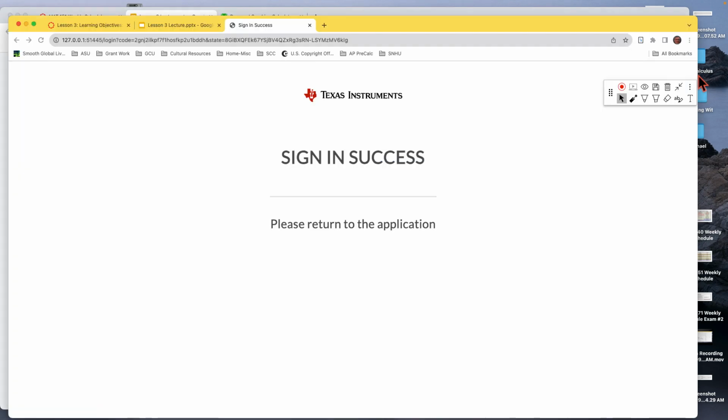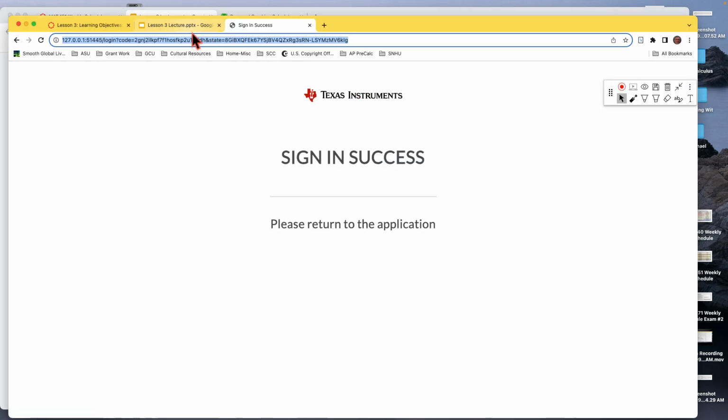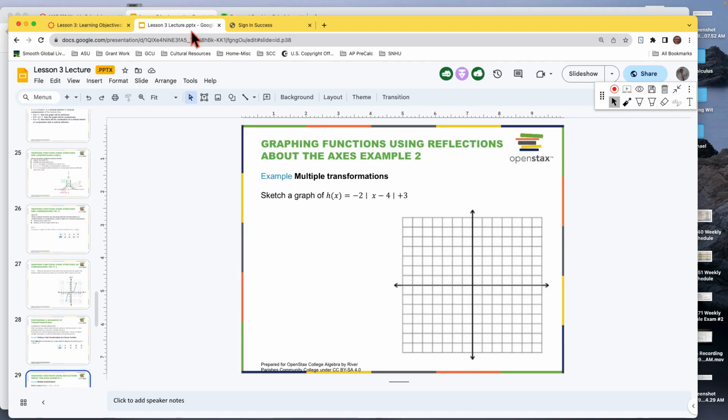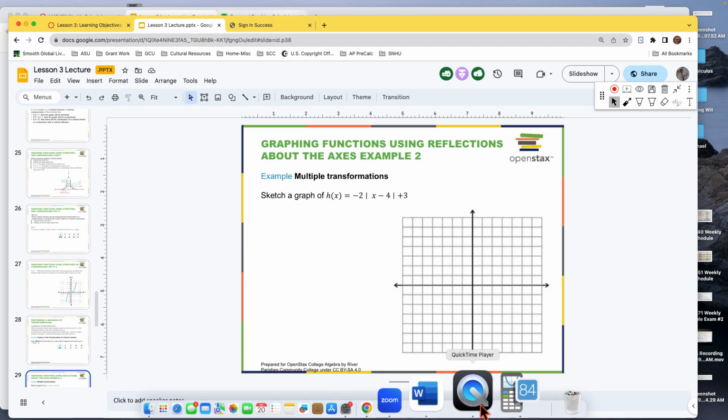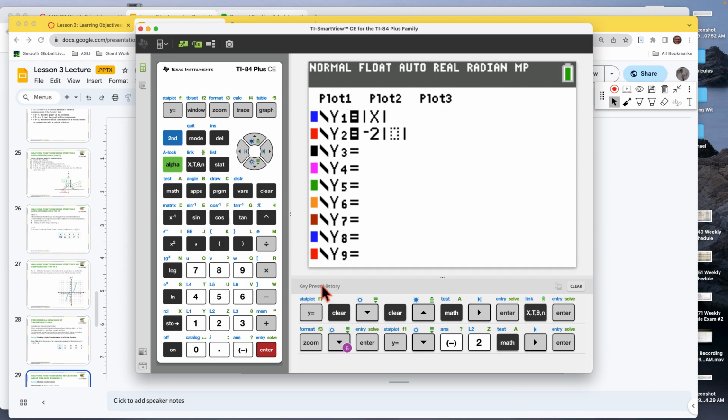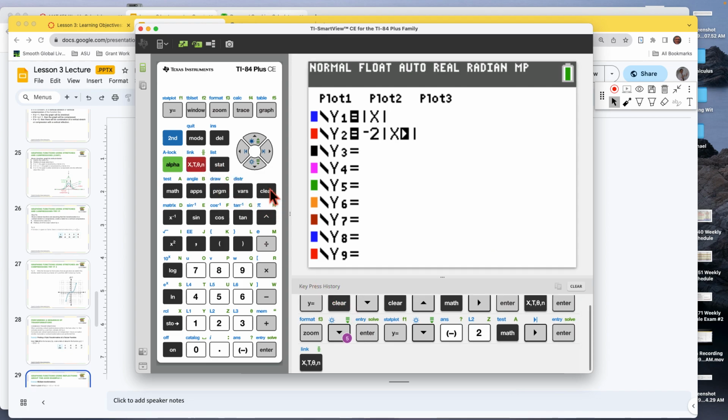I think it was in this one. X minus 4, and then plus 3 on the outside, okay. So then we could put in x, I have to be in there, x subtract 4, and then I could put plus 3.